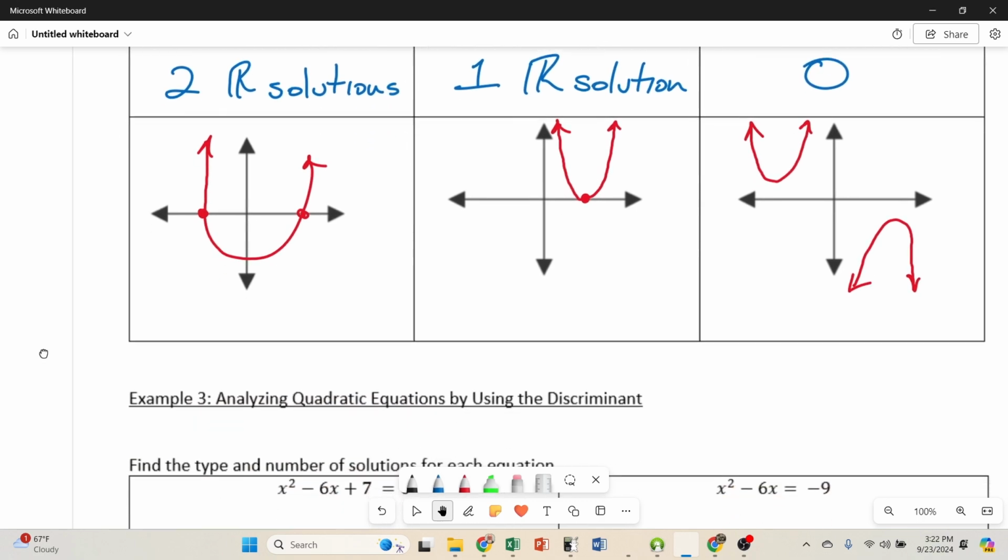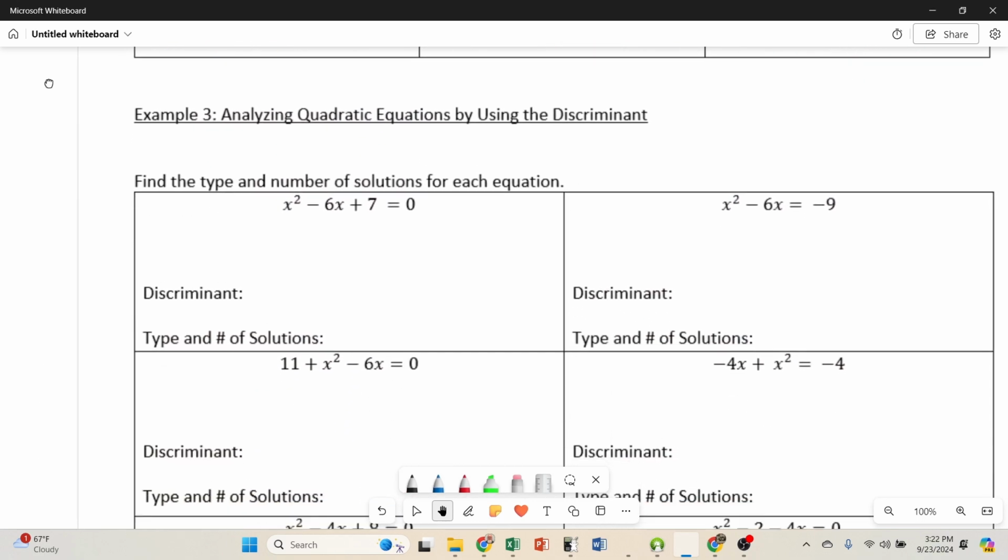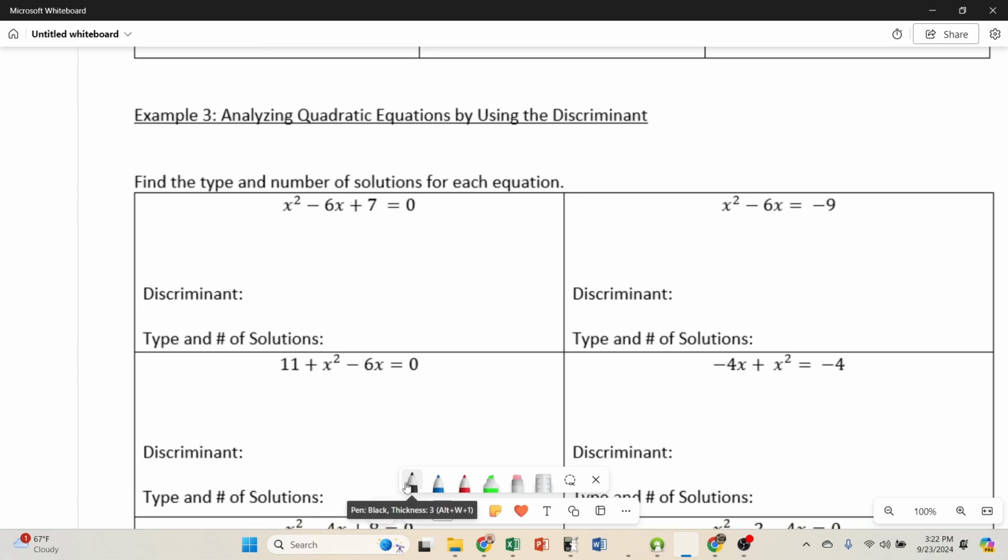So one of the things they'll say is, let's just look at the discriminant and decide how many solutions. So again, a is equal to 1, b is equal to -6, c equals 7.